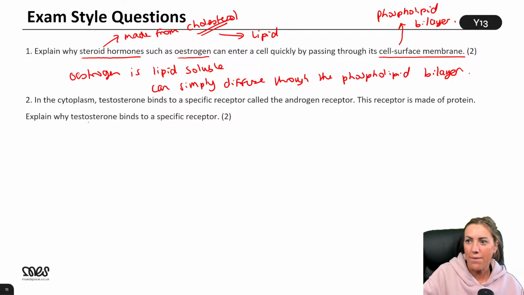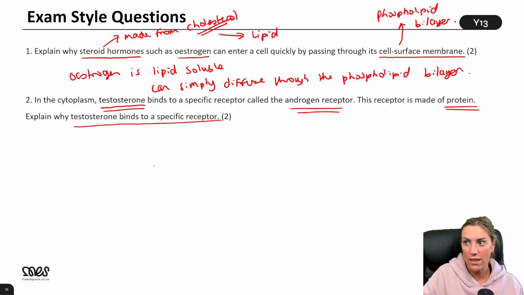And just to finish then, in the cytoplasm, testosterone is another steroid hormone. It's another lipid soluble hormone. Testosterone binds to a specific receptor called the androgen receptor. This receptor is made from protein. Explain why testosterone binds to a specific receptor.